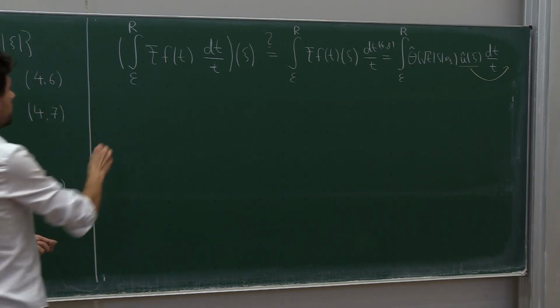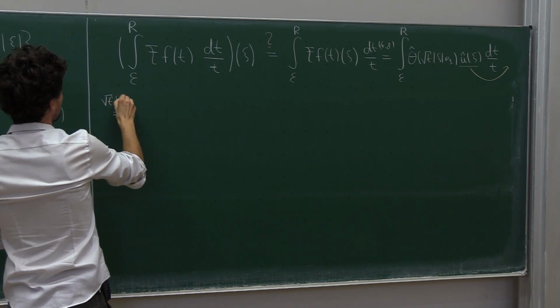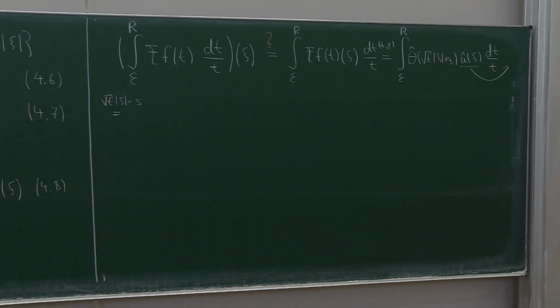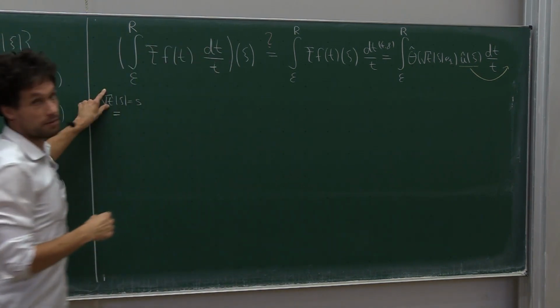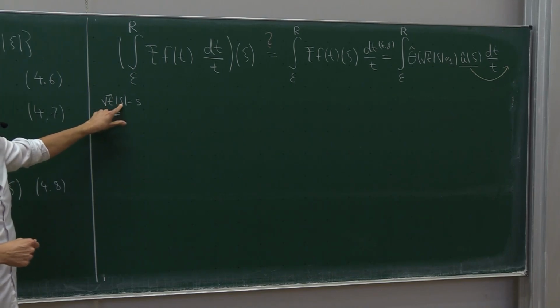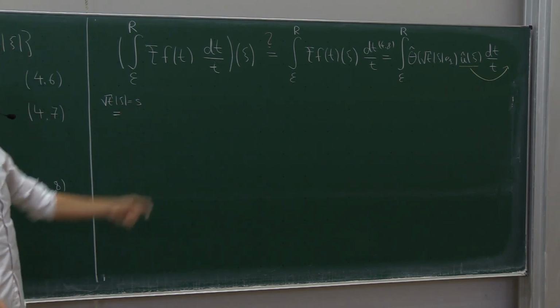I do change of variables, setting square root of t xi equal to s. Okay, and at this point I'm using the radiality because I couldn't do this as a transformation for integrals on an interval if this xi would be a vector. But because the dependence is only on the absolute value of xi, I can smuggle the whole dependence of xi into the bounds of this integral.